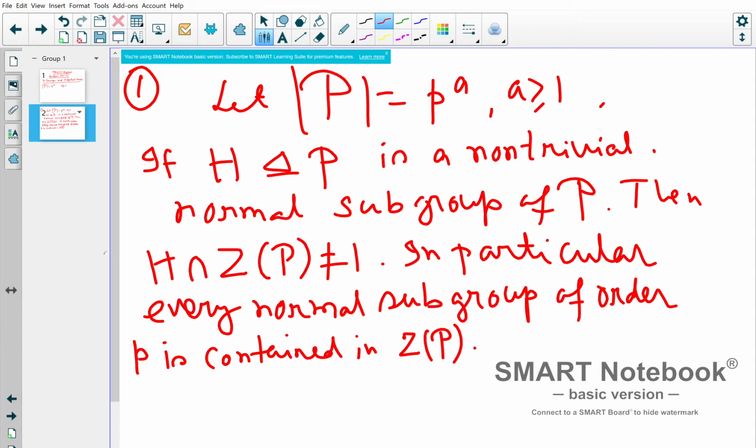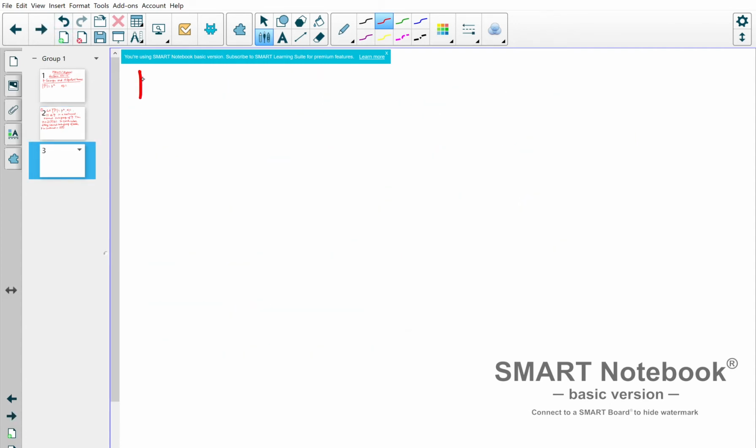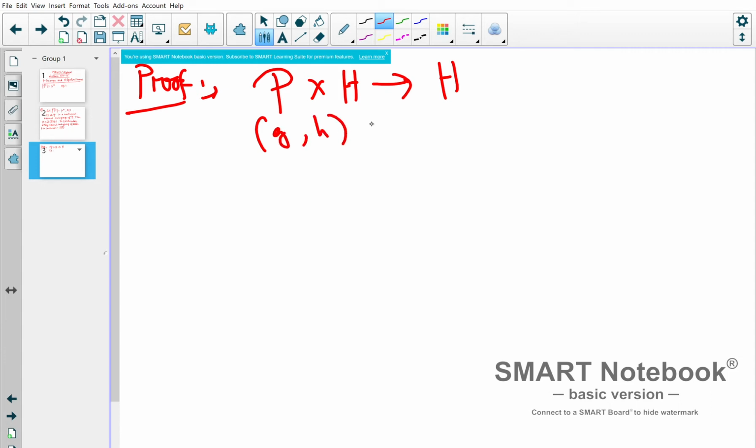The proof is similar to what we discussed before for Cauchy's theorem, but we need to modify it a little bit. H is a normal subgroup, so we can have a map from P cross H to H, sending an element g in P and h in H to g dot h, which is g h g inverse.